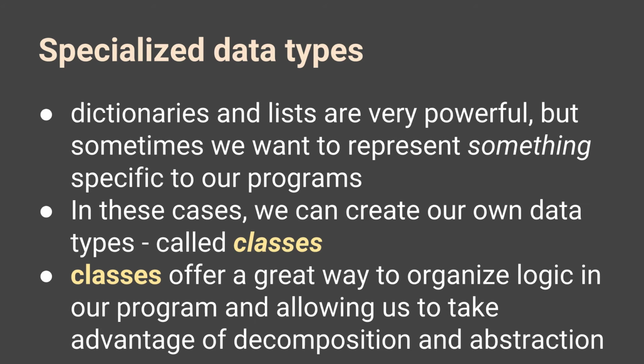And you can define the functions or the methods that a user of your class or a user of your data type, probably you, can invoke and can work with. So classes offer a really great way to organize the logic of our program and allow us to take advantage of things like decomposition and abstraction even further beyond what we can do through the use of functions.